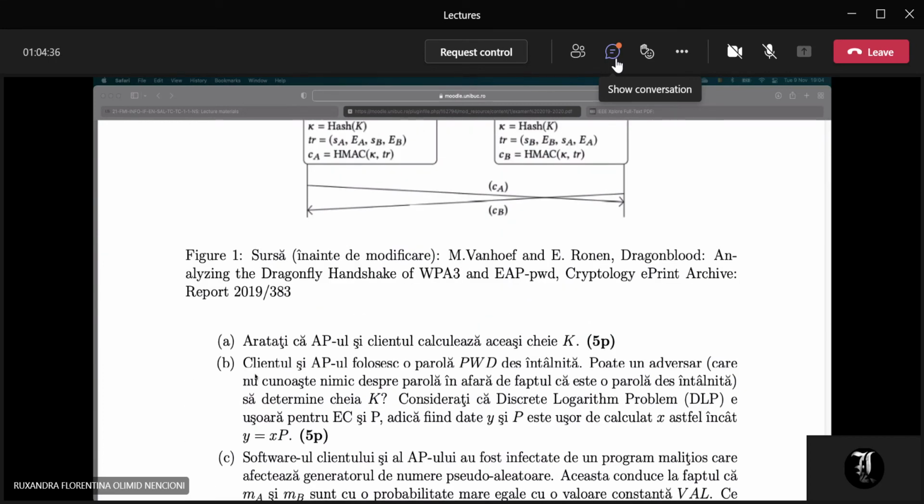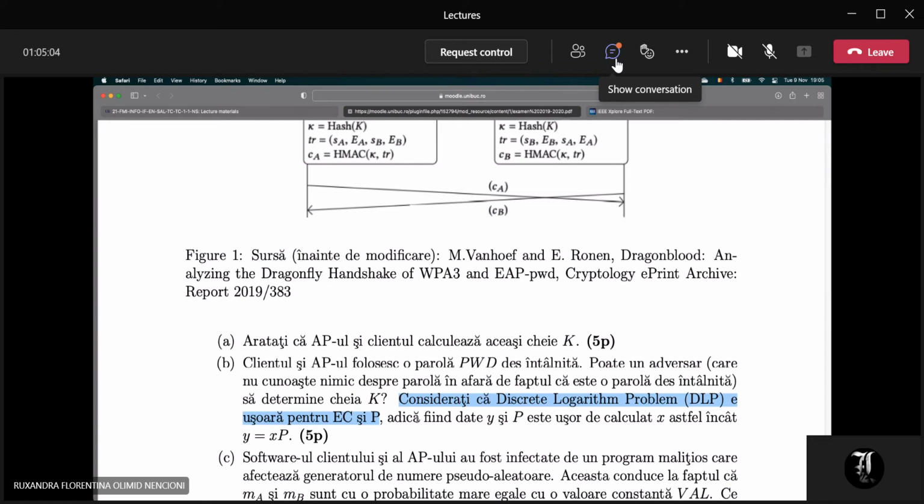The second, the client and the access point are using a password that is very widely used. Can an adversary that doesn't know anything about the password except the fact that it's very widely used determine this key K? You should consider that the discrete logarithm problem is easy for this elliptic curve and this P derived from the password.